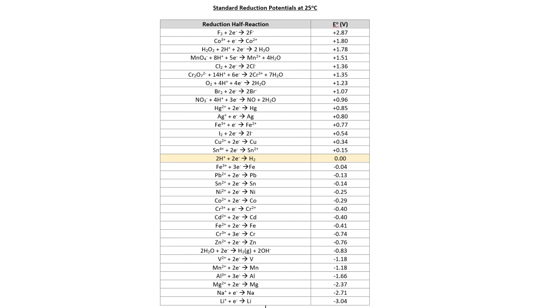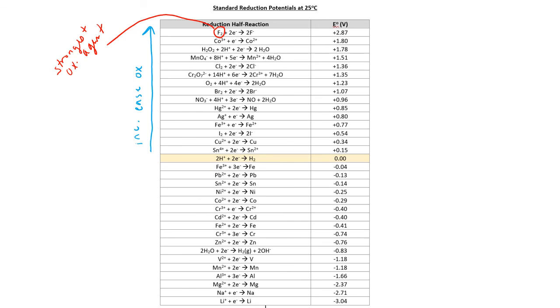So starting with the S.H.E. as a midline, as we go up from here on this side, this is representing our increasing ease of oxidation. So all the way at the top, that would mean that something like F2 is going to be our strongest oxidizing agent.